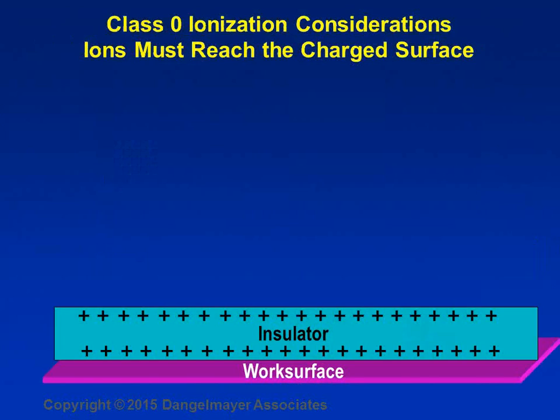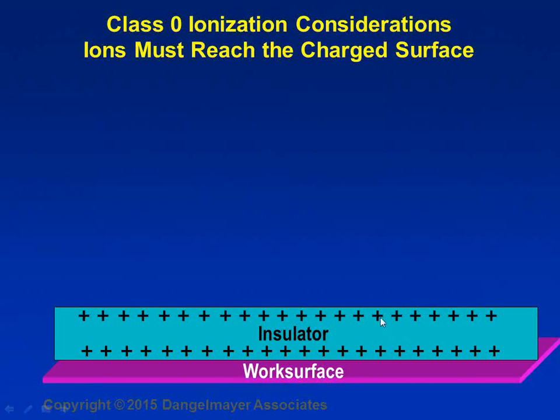Now, ionization. People tend to think it solves everything. In fact, I was there at one point myself. There's a tendency to think, well, we'll just put an ionizer there. That will take care of it. And again, there are numerous pitfalls. We're going to discuss a small subset now. But here is an illustration.